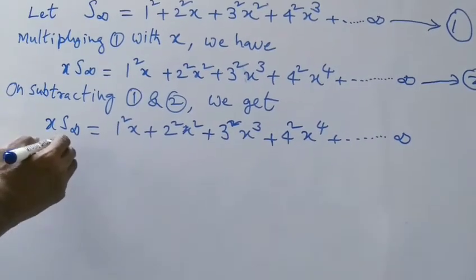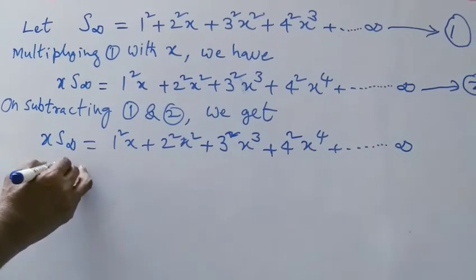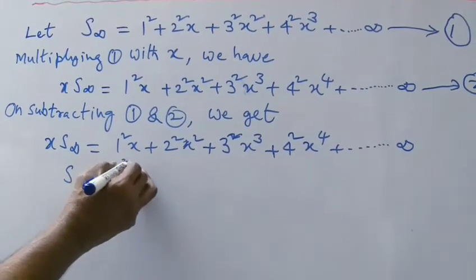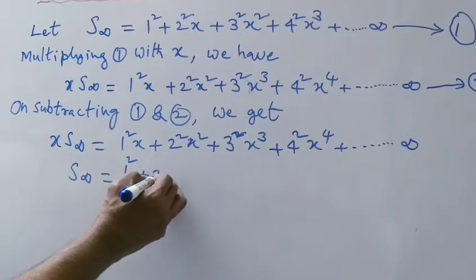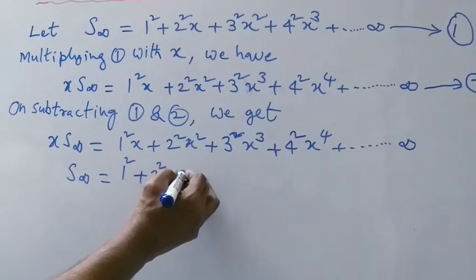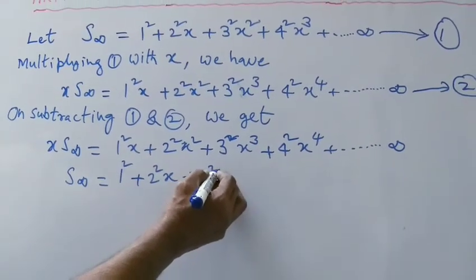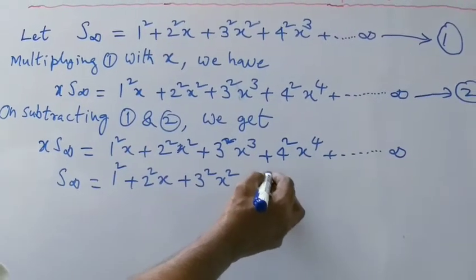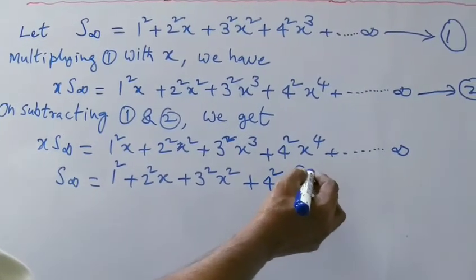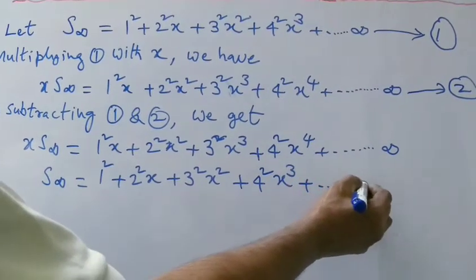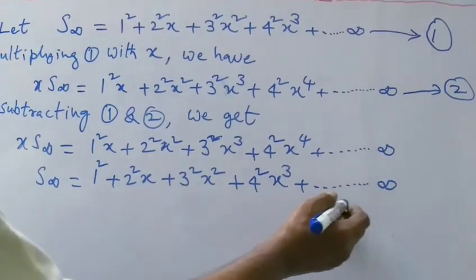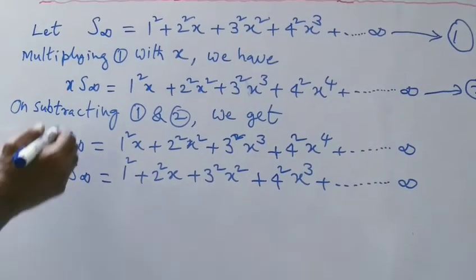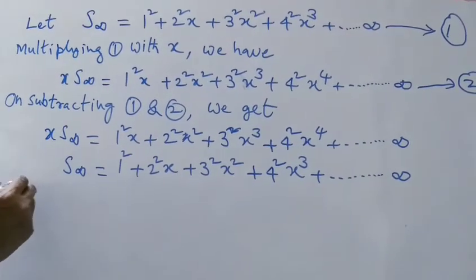And S infinity, the sum to infinity, is equal to 1 square plus 2 square into x plus 3 square into x square plus 4 square into x cube plus and so on up to infinity. Now we are going to subtract these two.